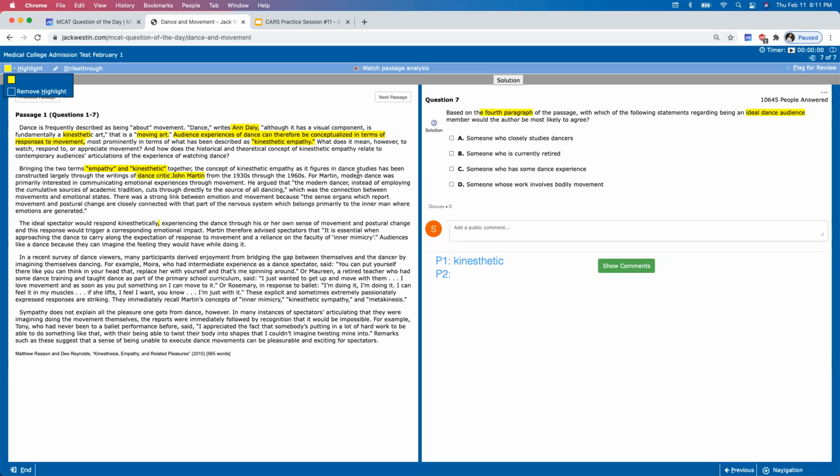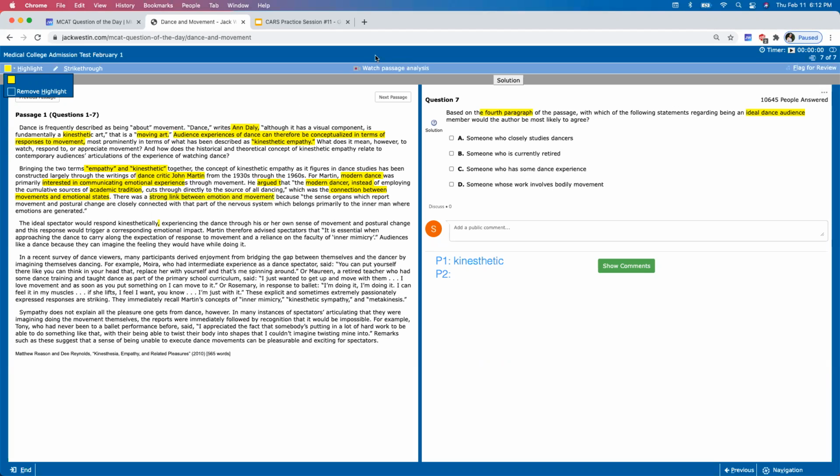And then modern dance was interested in emotional experiences. Connection between movements and emotional states. Okay, perfect. Connection between movements, emotional states. The modern dancer, instead of employing the cumulative sources of academic tradition, cuts through directly to the source of all dancing. Strong link between emotion and movement.